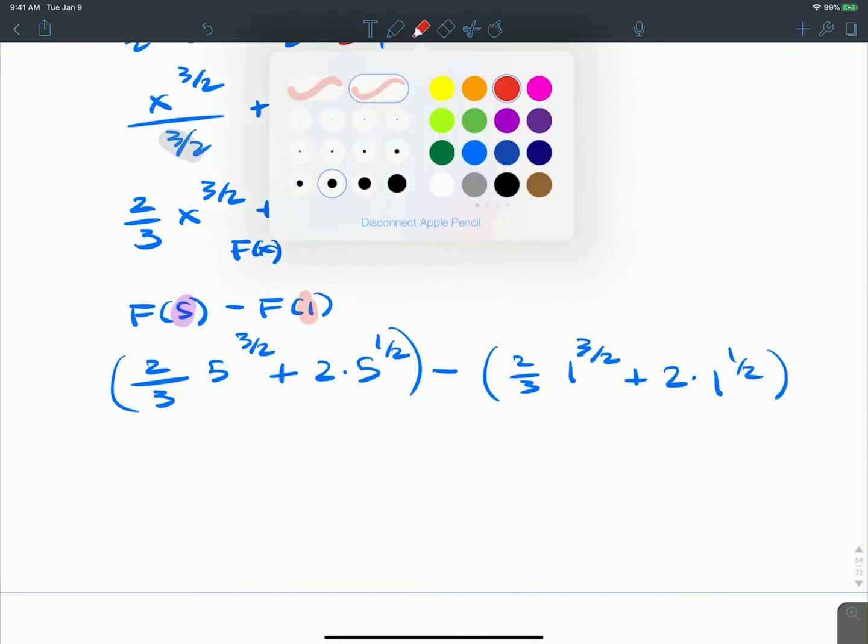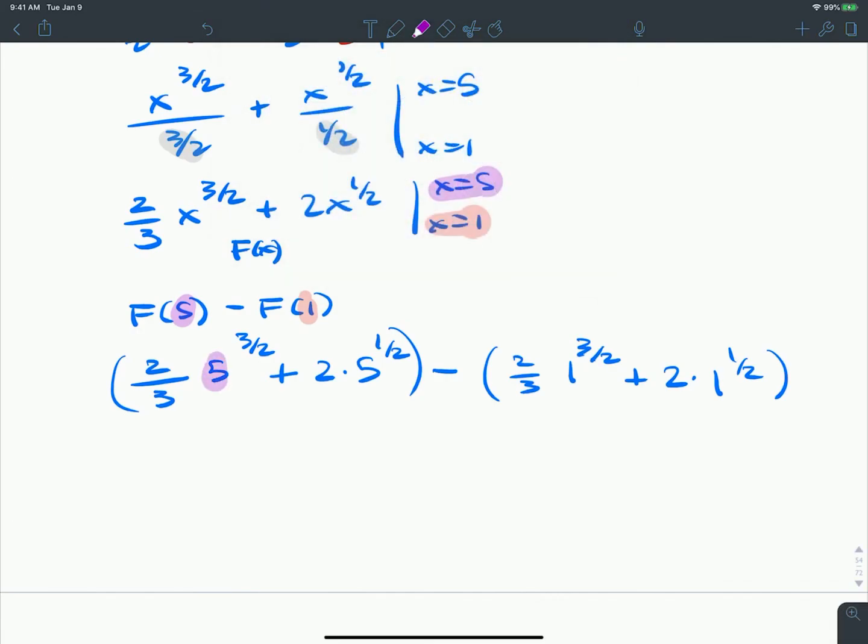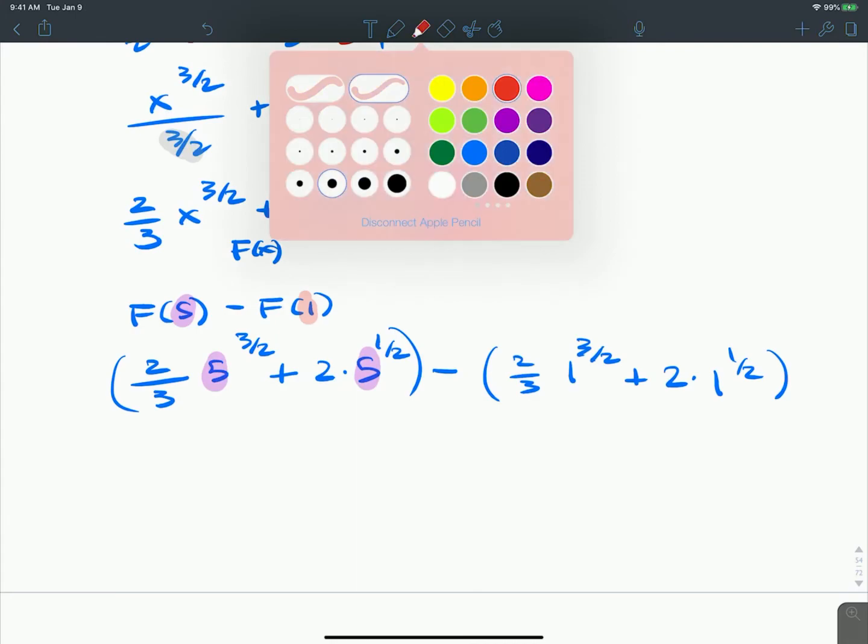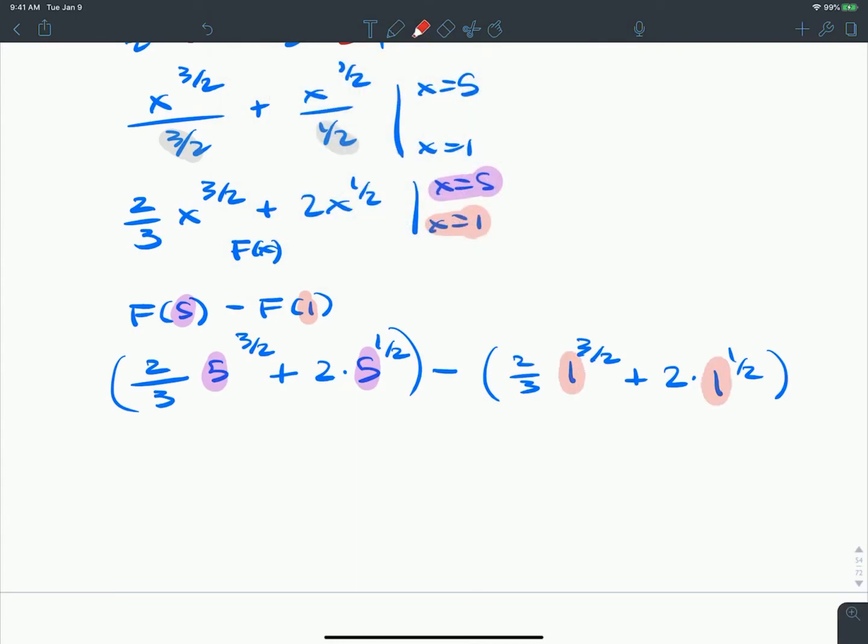So notice I plugged in the limit values here for 5 and 5, and then the 1 and the 1. So let's make sure we wrote the right things here. And don't forget, in the middle here, we're subtracting again. I'll notice that 1 to the 3/2 is 1, and 1 to the 1/2 is 1. So that's the easiest to do.